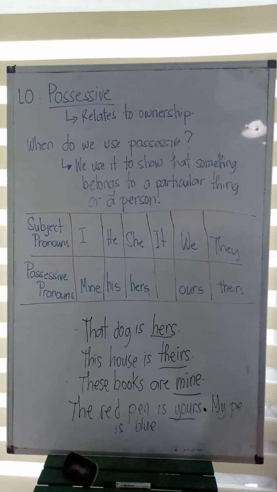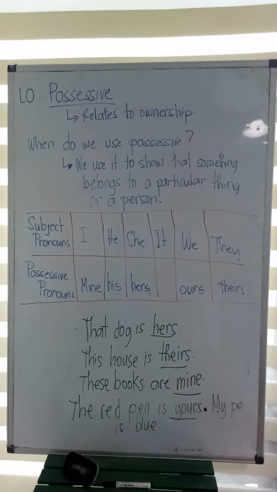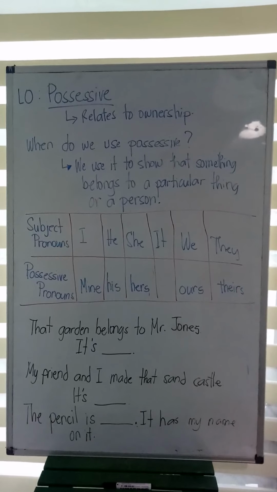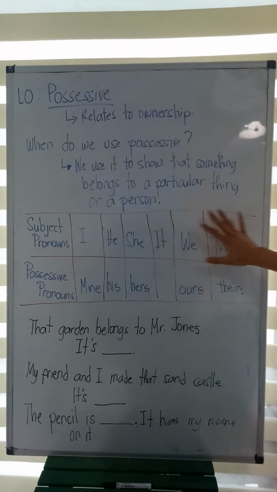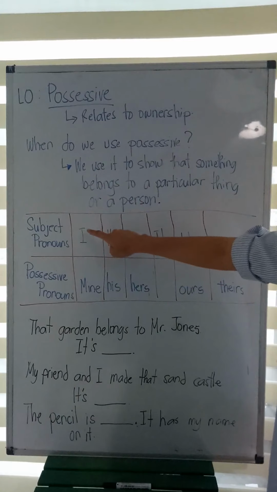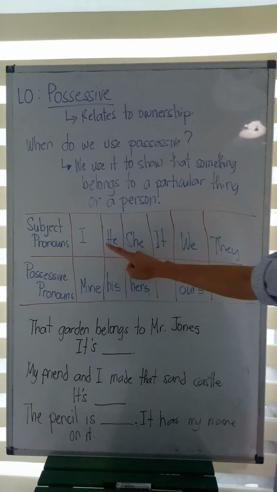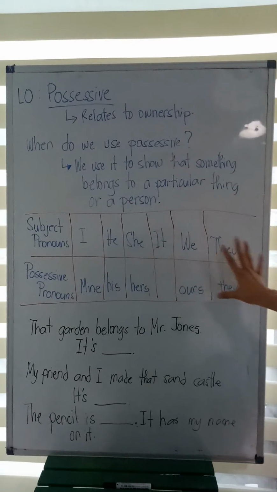All right, so for your activity, I'm going to explain how it's going to look and how you're going to answer it. You have to consider the subject pronoun. That's why I put it here. If the subject is I, it's mine, he, his, she, hers, and so on.